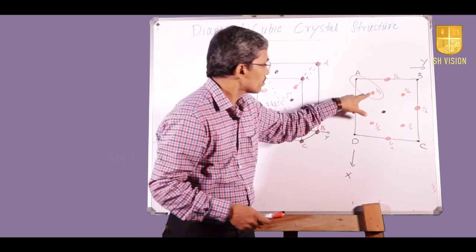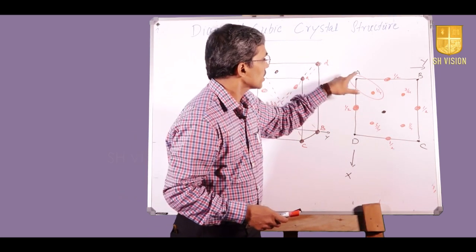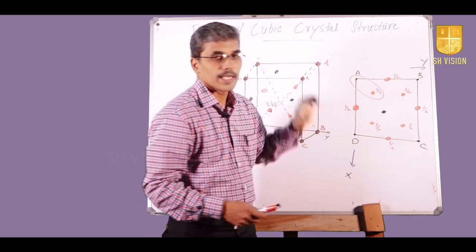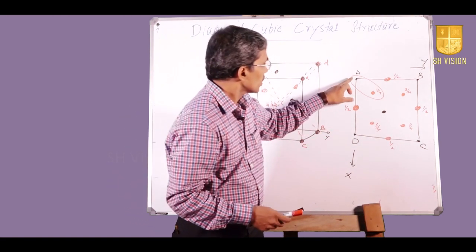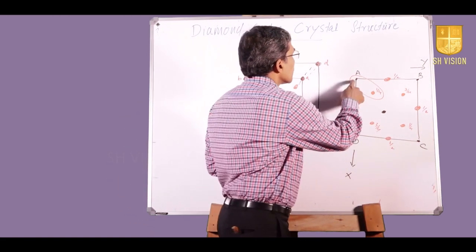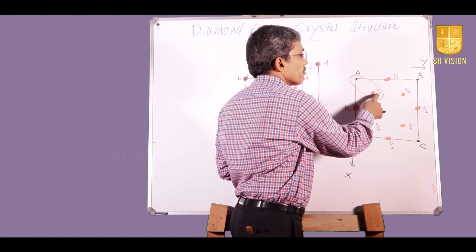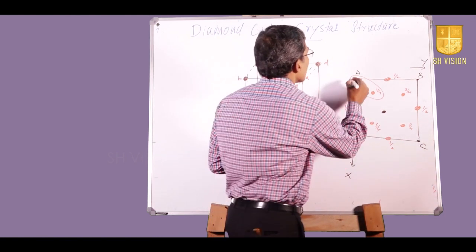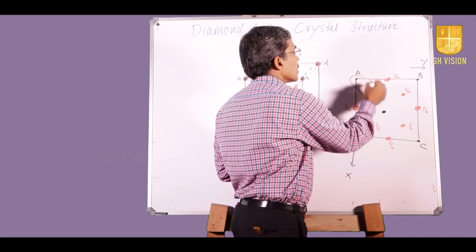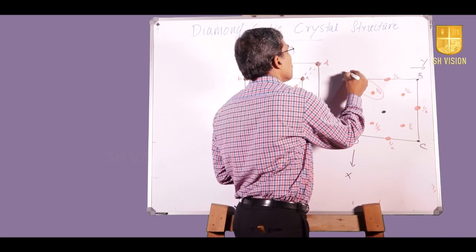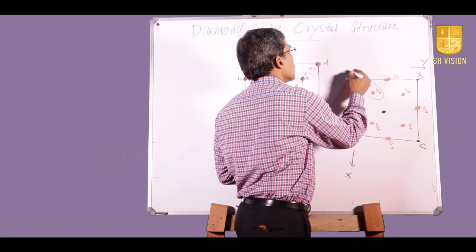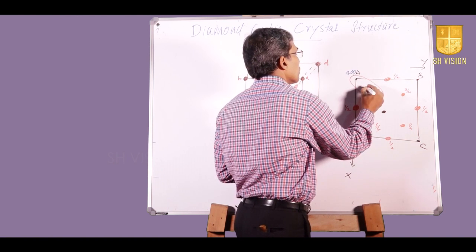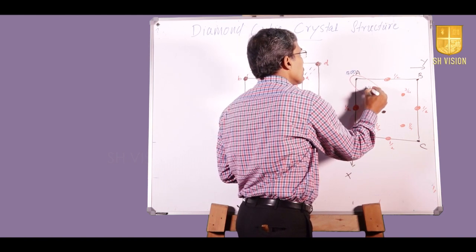Though this atom is attached to A and is part of this A lattice site. If this is 0, 0, 0, this will be 1/4, 1/4, 1/4. So the basis consists of 2 atoms whose position difference is 0, 0, 0 and 1/4, 1/4, 1/4.